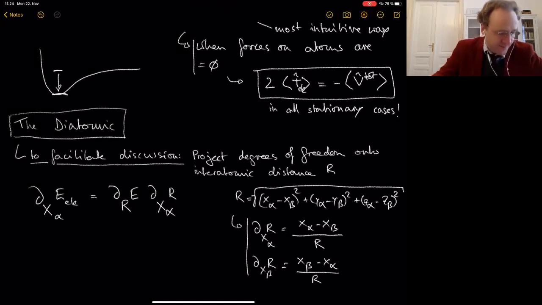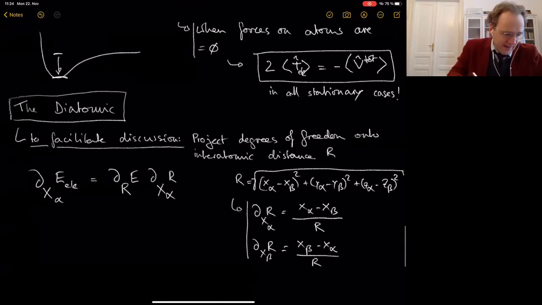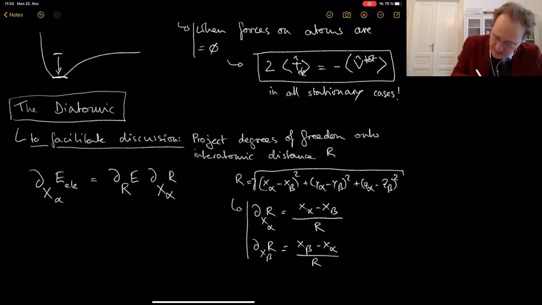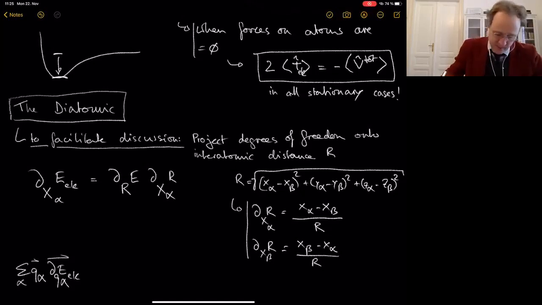And so what you then find is that something like your sum over alpha of Q alpha dQ alpha E ele, right, where this is an inner product of 2 vectors, will be 1 over R times dE dr, right?